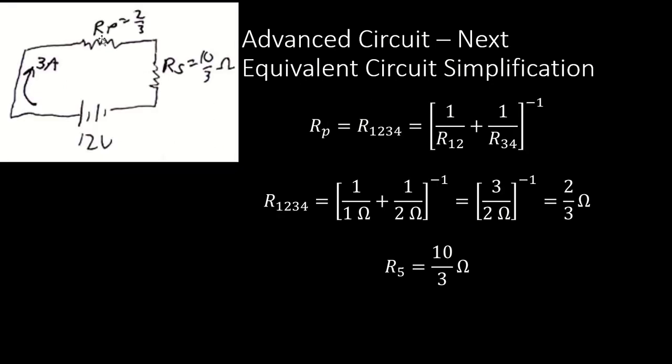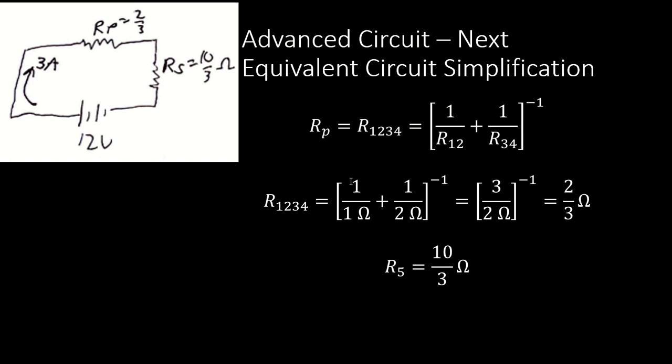Therefore, RP, or that parallel path simplified into a single path, would be the summation of the reciprocal of resistance 1, 2, and the reciprocal of resistance 3, 4, and then raised to the power of -1.